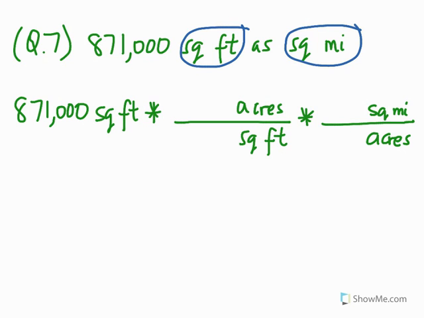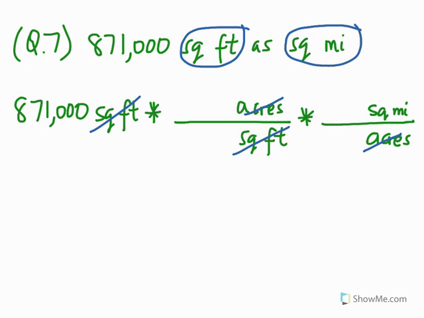In the second stage you write him on top, at the numerator, and in the third stage you write him below, at the denominator, because our aim is for square feet to cross out square feet, and for acres to cross out acres. That is our aim, so that we are left with only square miles.